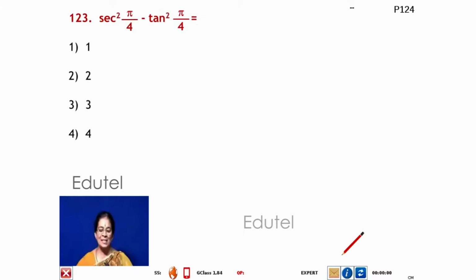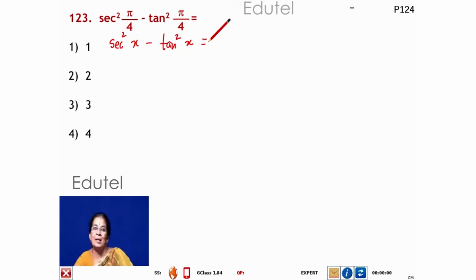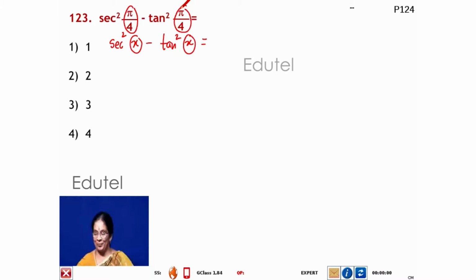Coming to the next question. Secant square pi by 4 minus tan square pi by 4. What do you think the answer would be? It is looking same as secant square x minus tan square x. But the only difference is in place of x you have pi by 4 everywhere.